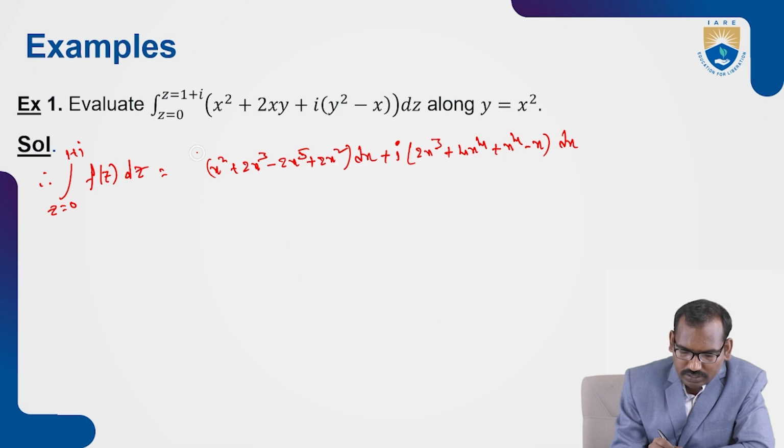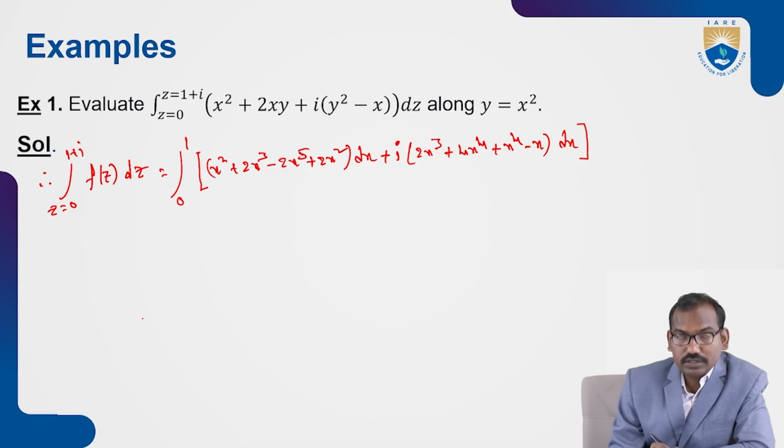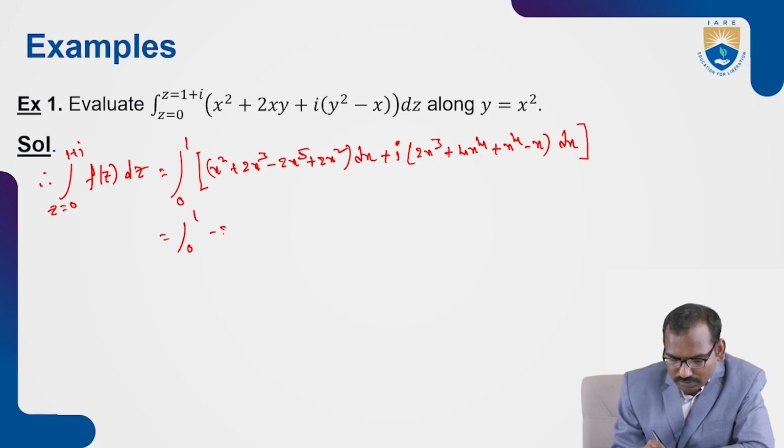Here you can observe that dx is there, means x variation we want. So here we'll take all these terms at one place, and we need to take the x variation. x is varying on this curve when z goes from 0 to 1 plus i. How is x varying? It is varying from 0 to 1. Now we will simplify this term. 0 to 1, minus 2x to the power 5 plus 2x cube plus 3x square dx.